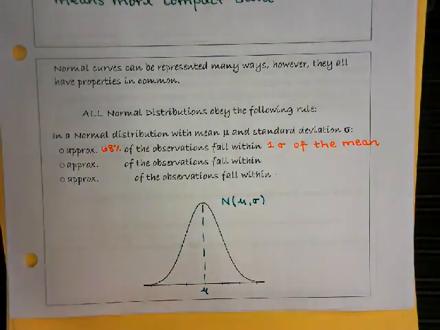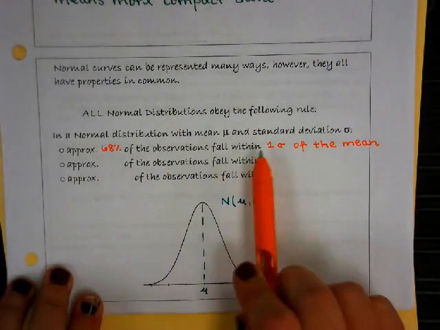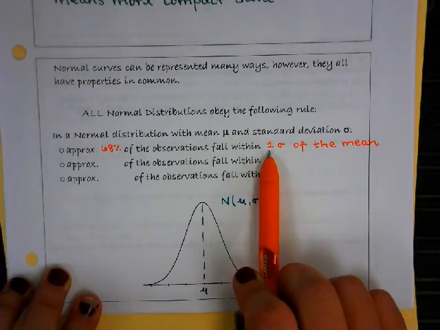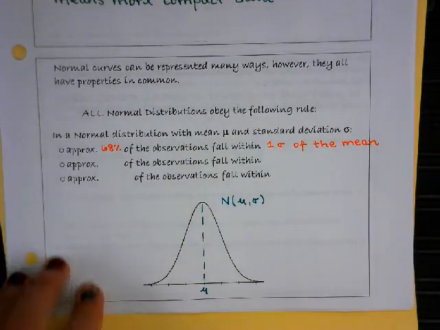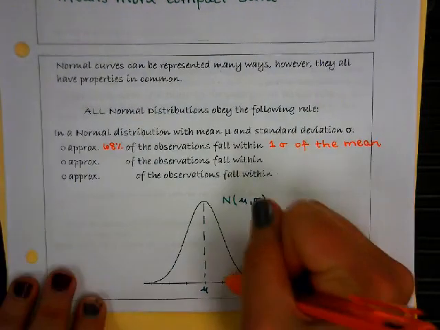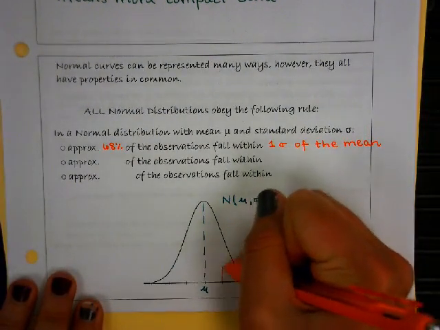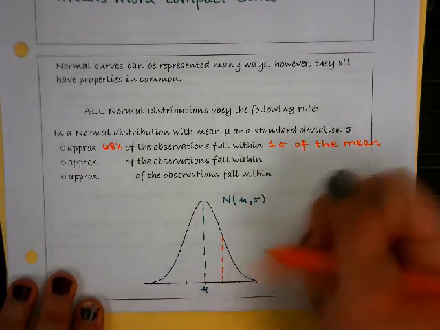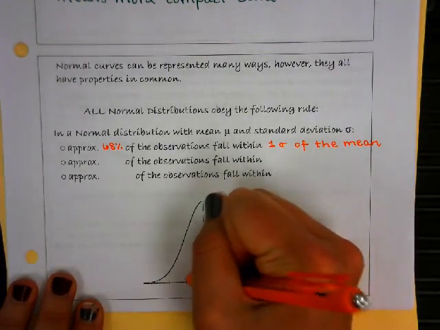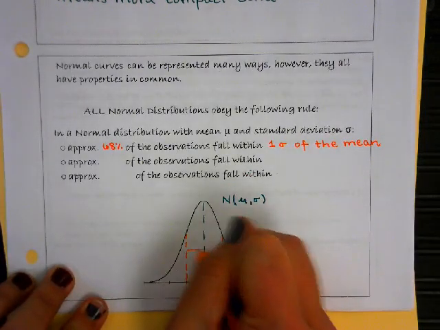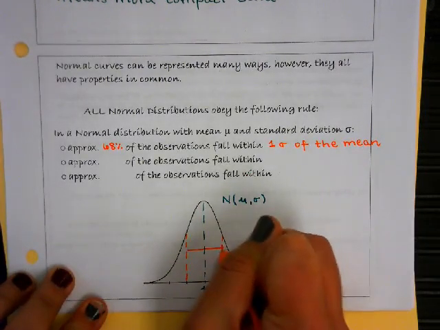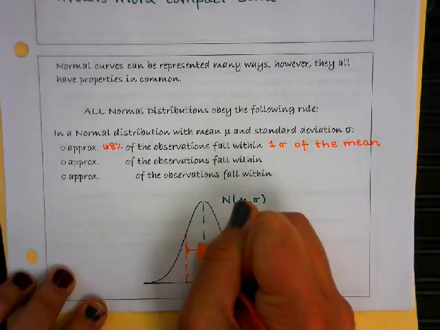68% of the observations or the data fall within one standard deviation of the mean. So right here is one standard deviation above the mean, and right here is one standard deviation below the mean. Between those 2 points on the normal curve, 68% of my data is in between those 2 points.